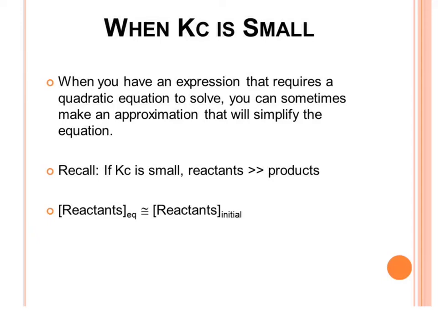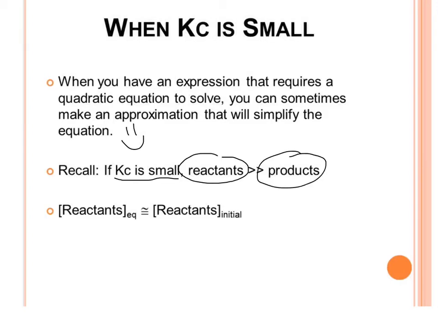When you have an expression that requires a quadratic equation to solve, you can sometimes make an approximation that will simplify the equation. Recall that if Kc is a very small number, that means that there are a lot more reactants than there are products.